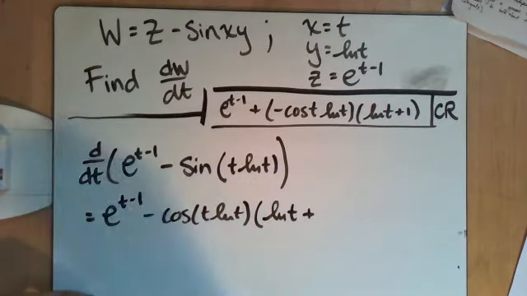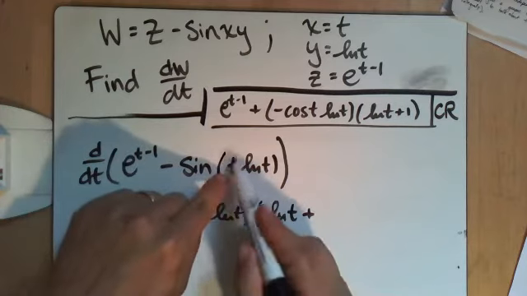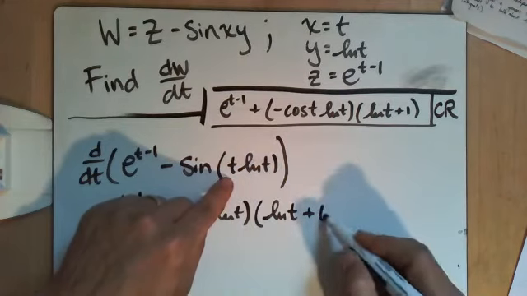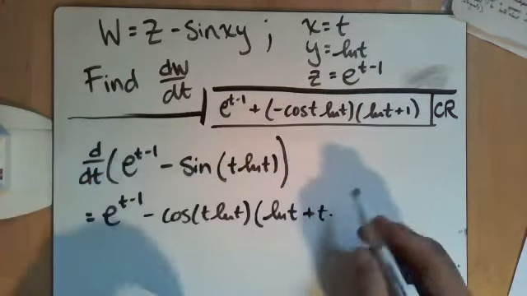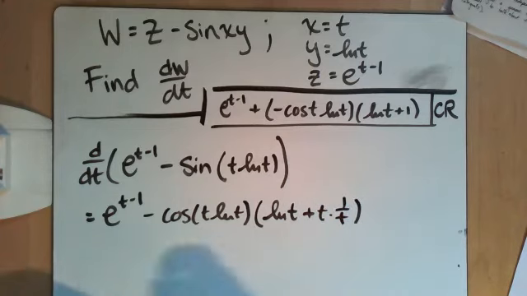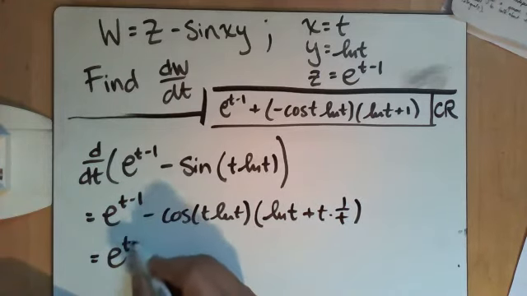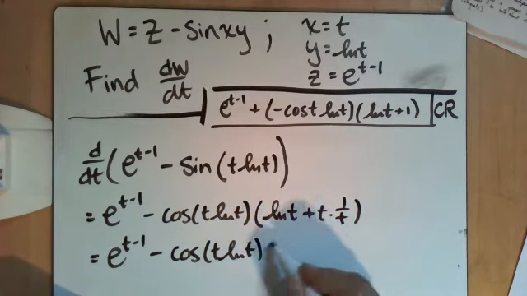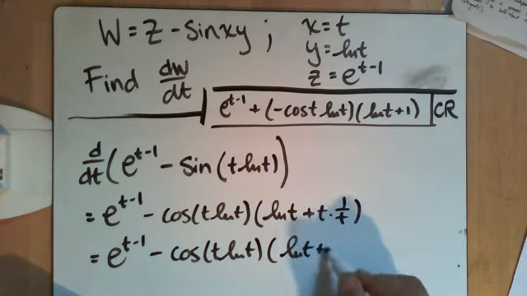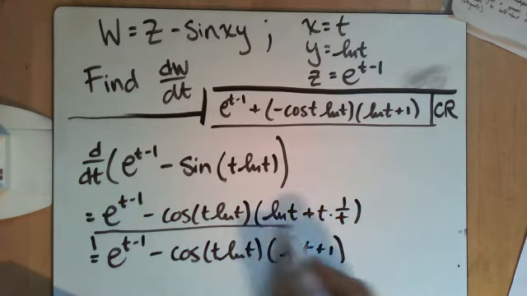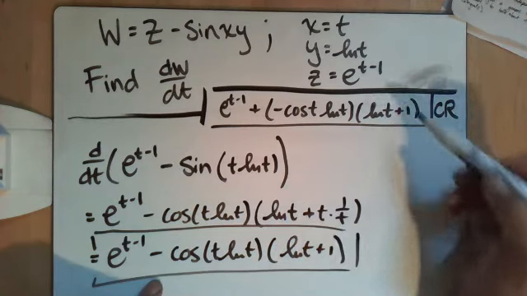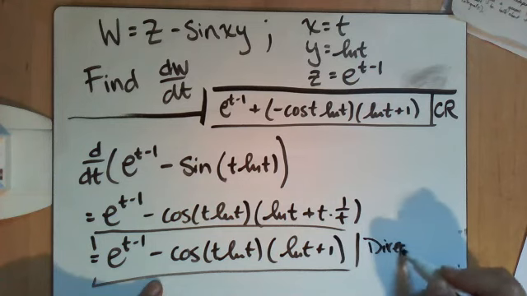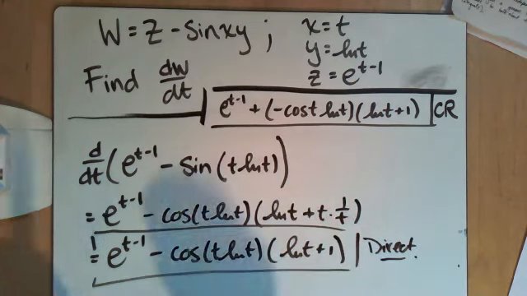I'm doing the product rule: the derivative of the first factor, which is 1, times log t, plus t times the derivative of log t, which is 1 over t. And so I get e to the t minus 1 minus cosine t log t times log t plus 1. And if you look, that's exactly what I got by the chain rule. So that's how you solve the problem.